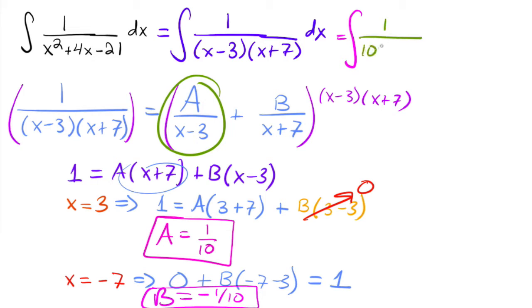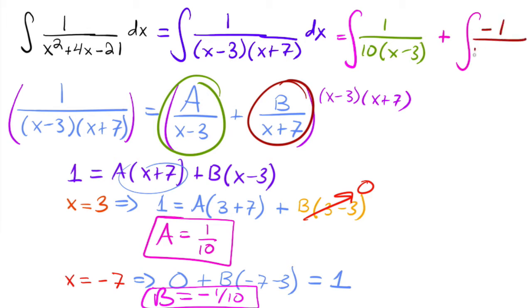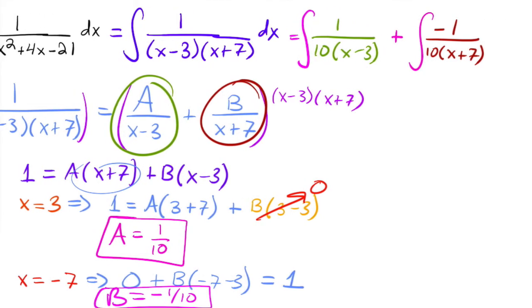So 1 over 10 times (x minus 3). And then plus the integral of, and then let's do this one, B over x plus 7, but B is negative 1 over 10. So this is negative 1 over 10 times (x plus 7). Okay, and then let's not forget our dx's, dx and dx.